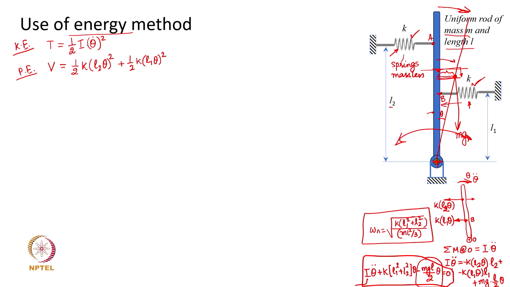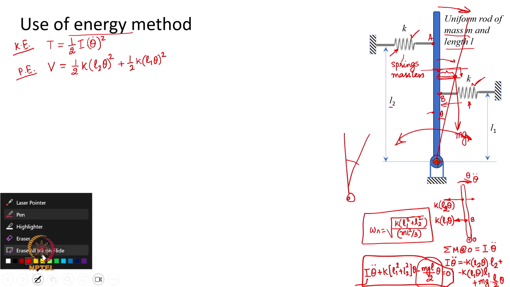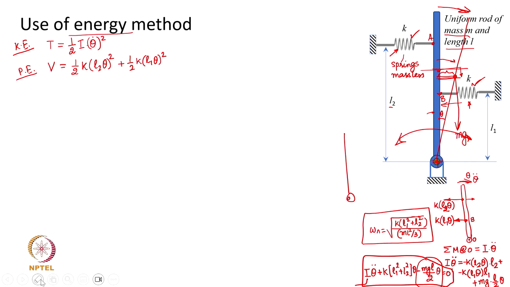So, what we are saying here is that if this uniform rod changes its position from the vertical position, I am going to show the change in its center of gravity point.